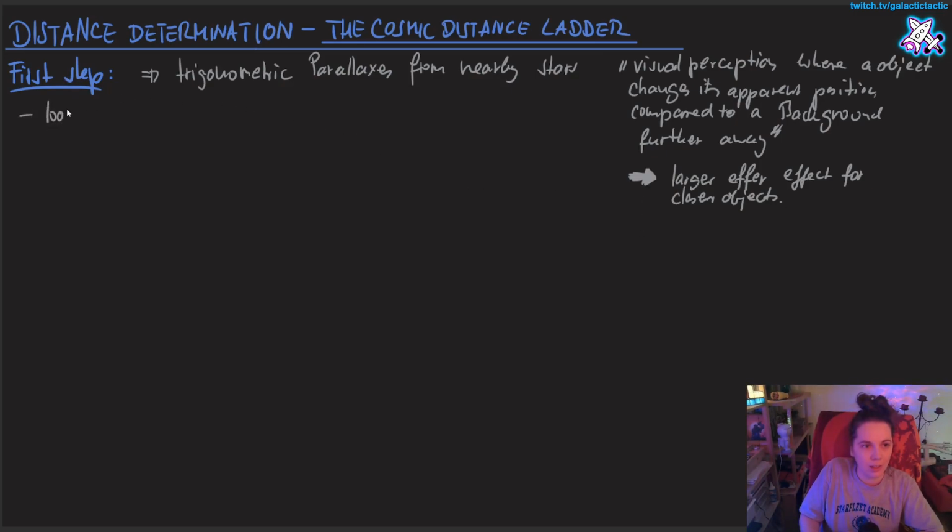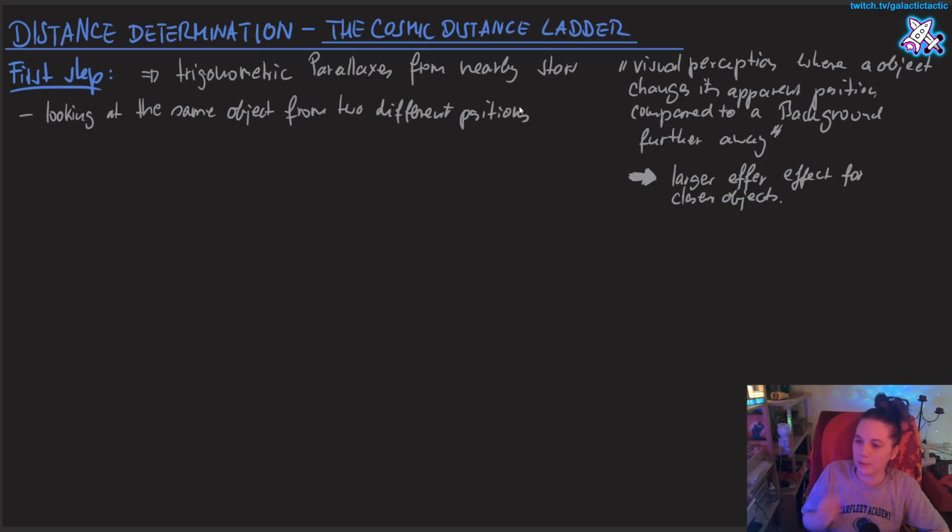We are looking at the same object from 2 different positions, which causes an angular shift of the object. This angular shift is called parallax, okay?